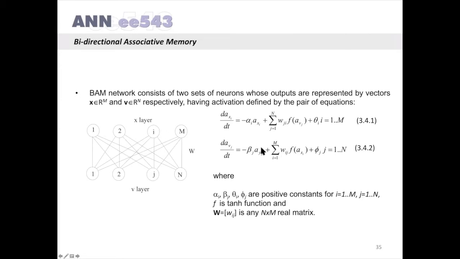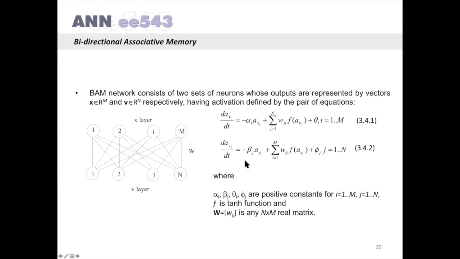For each neuron i here, we are considering the connection weight from that neuron to neuron j, and we are multiplying with the output value of the neuron Xi, and we are doing this for all neurons in this layer, i from 1 to m. We are multiplying the connection weight with the output of that neuron, plus we have here, instead of theta i, for each neuron the threshold value.